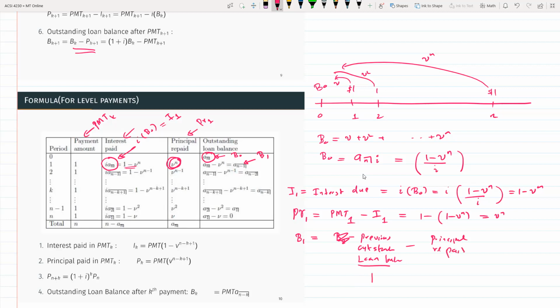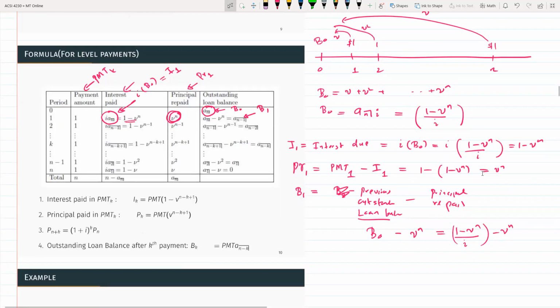The previous one is B0 for us. Then the principal repaid is just Vn. So I can use the formula: 1 minus Vn over i, minus Vn.